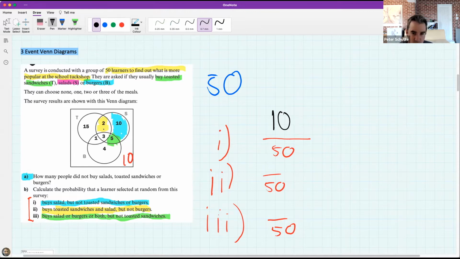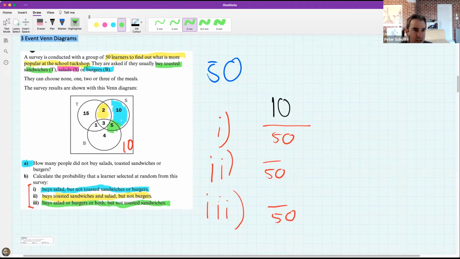Basically, it's going to be the yellow 2, because sandwiches and salad would normally be this whole region here, but then it can't be in the burger. So that's why it's just the yellow bit, which is the 2 out of 50.